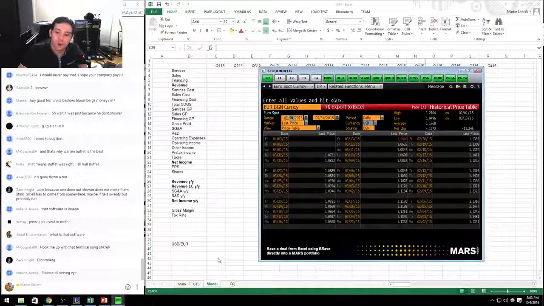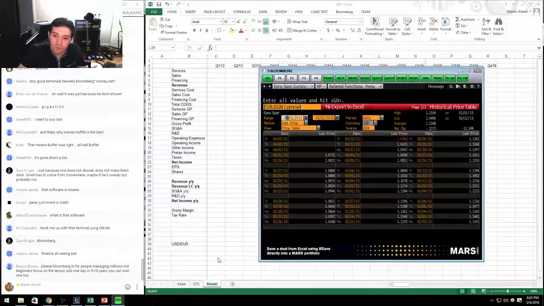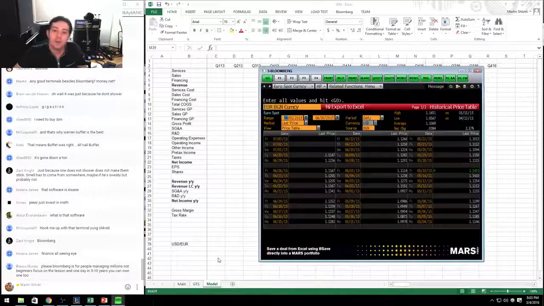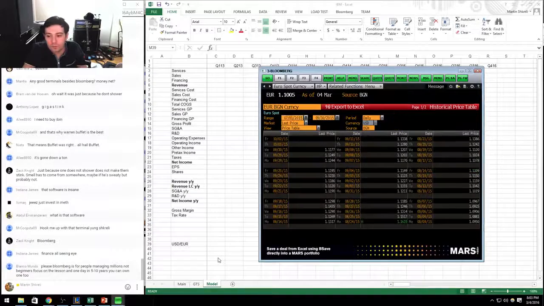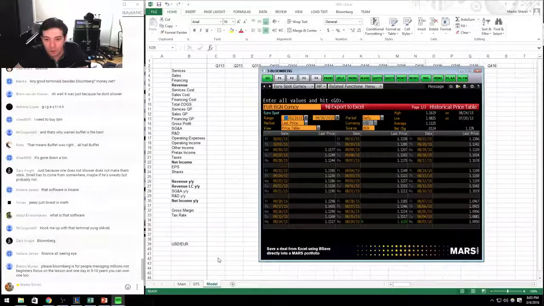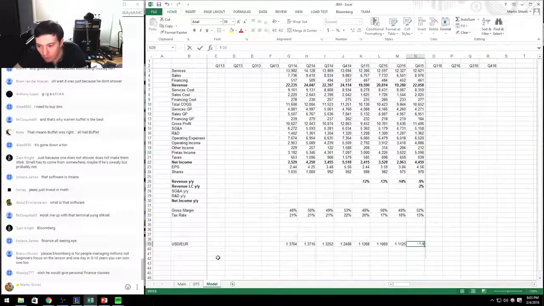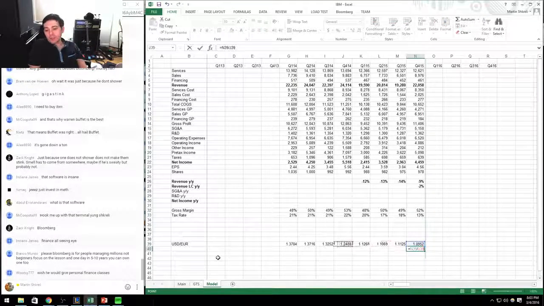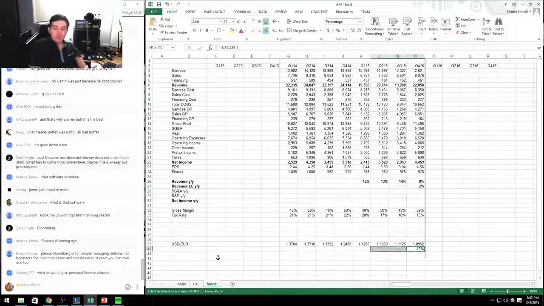Big drops in the euro relative to the dollar. 1.1069, another drop. 1.11, kind of stabilizing. And how about last quarter, literally just a few months ago? 1.0952. So if you do a year over year, you'll see that the euro dropped 12% year over year.